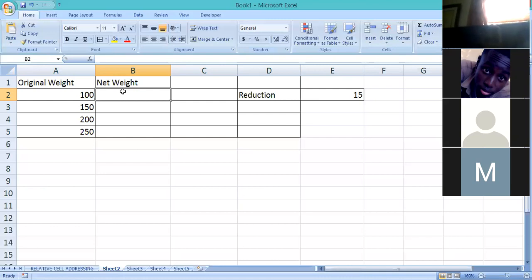I didn't say function, I said what's the formula? Because there's no function for minus. You must at least know, every formula and function begins with an equal sign. Macy was the one who said you're going to take away the 15 from each of these to get the net weight. So what is the formula to do that?